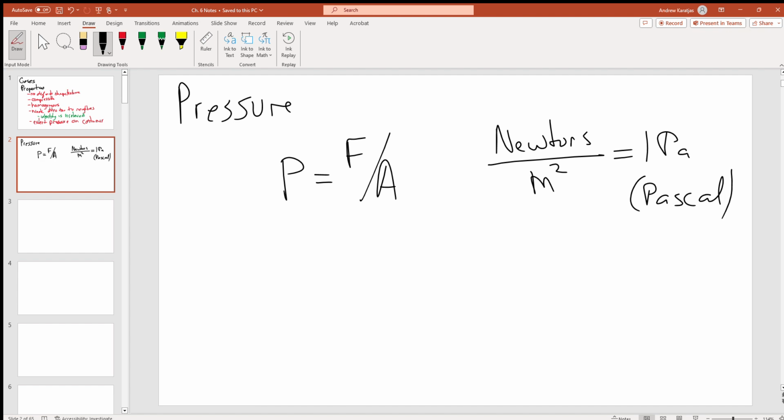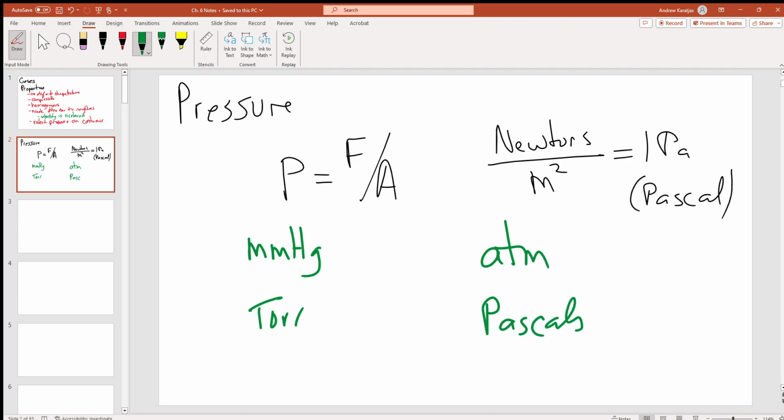Now we actually use a number of different units for pressure. We have millimeters of mercury, we have torr, atmospheres, and pascals. And we'll see in a moment, given what we know we can do with any SI unit, we can put a prefix on it. We have kilopascals.